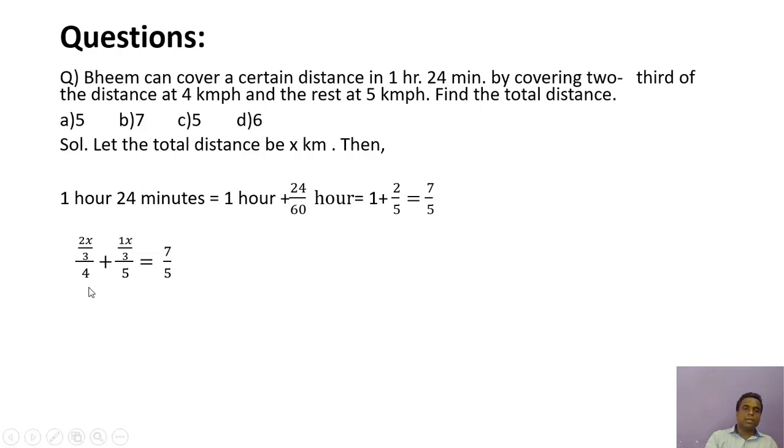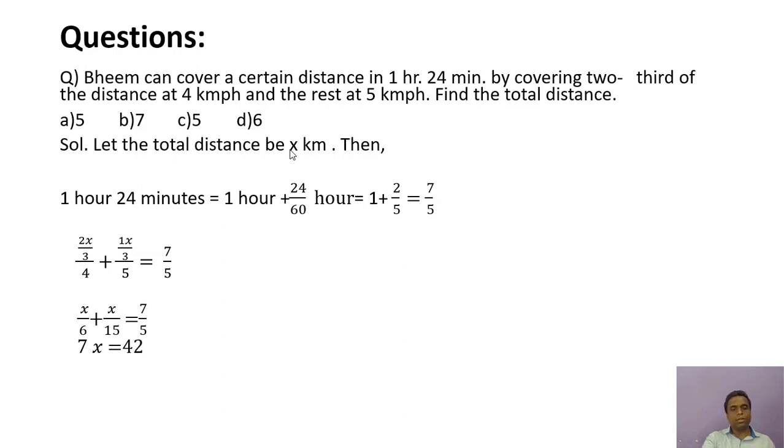At the denominator we have speed, so what will we have at the numerator? Distances. In the first journey, how much distance was covered? Two-thirds of the distance. Now we have a total distance of x, so two-thirds of x will be 2x upon 3. Then one-third of x will be x upon 3. So we will add them both.